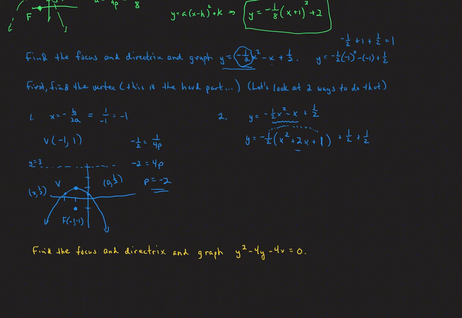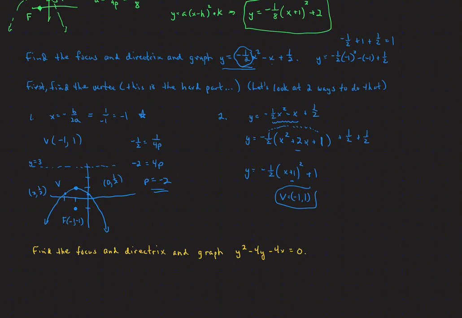So the net change is 0. Then in vertex form, we're going to get negative 1/2 times x plus 1 squared plus 1. So that's a lot of work to do to see that the vertex is going to be negative 1, positive 1, which we also got using x equals negative b over 2a.